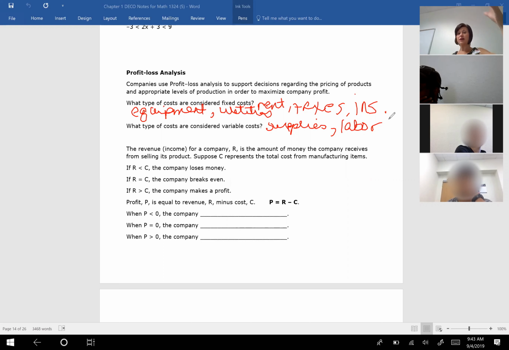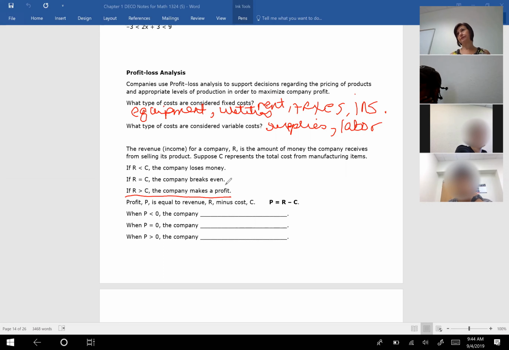Your expenses are your costs, and that would be both your variable and your fixed costs. So if I have more revenue, more money that I bring in than what my costs are, then I would make a profit. That would be my goal, right?